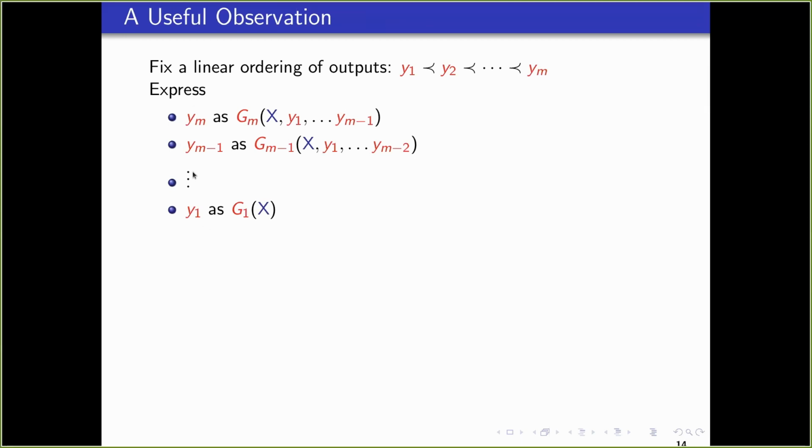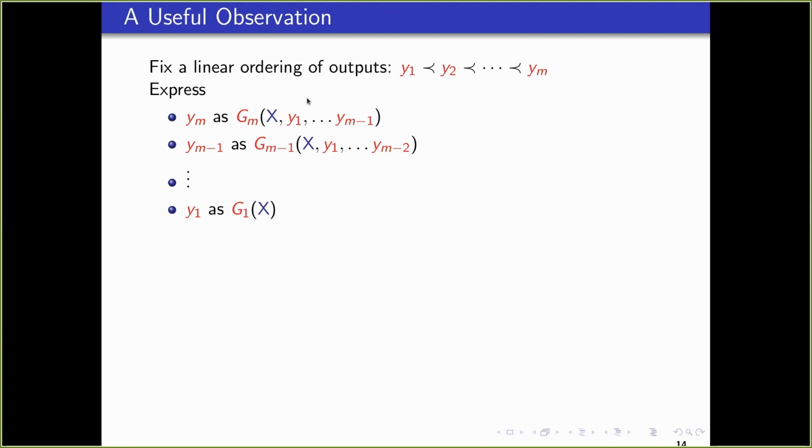And what I have obtained at the end is not ym as a function of x and ym minus 1 as a function of x, but ym as a function of x and y1 through ym minus 1, and so on. But then, at the end, if I have y1 as a function of x only, I can substitute this into y2, and I'll get y2 also as a function of x, and then I can substitute y1 and y2 into y3, and I can get y3 only as a function of x.